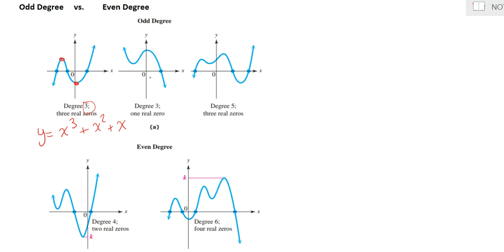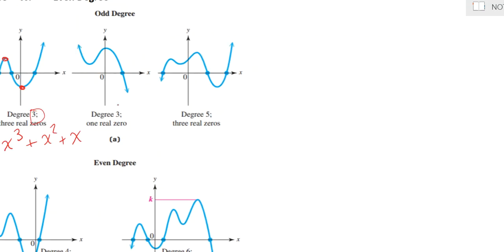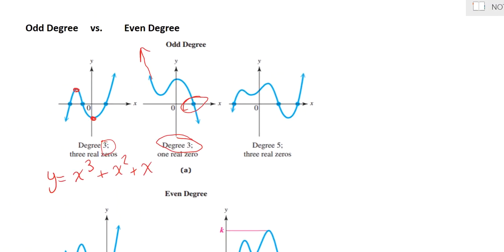Now, if you look at this one right here, this also has a degree of 3. You can see the directions, 1, 2, 3, but it only hits the x-axis once. That's going to tell you it's only going to have one real solution.